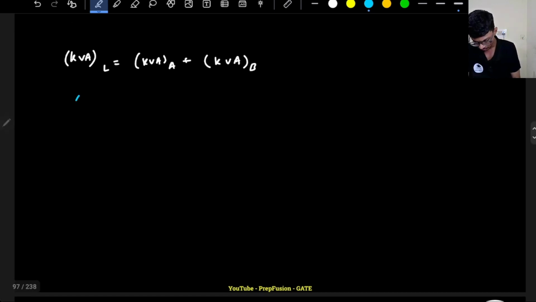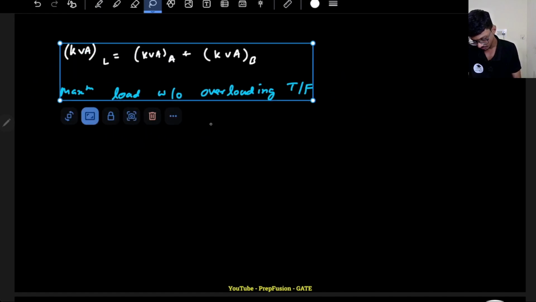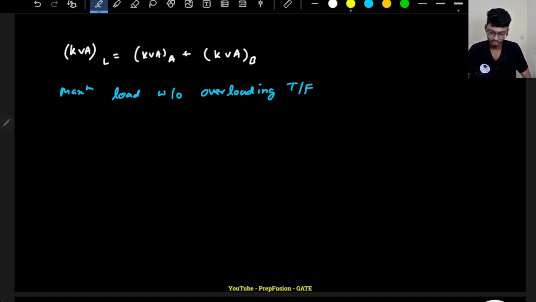So if I assume the maximum load without overloading a transformer, this will be my kVA, whatever is the maximum load, equal to, let's assume the first transformer is reaching rated condition.